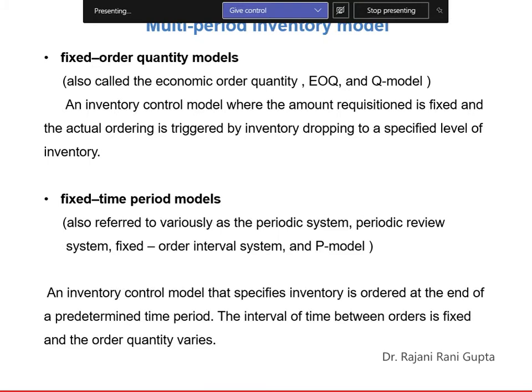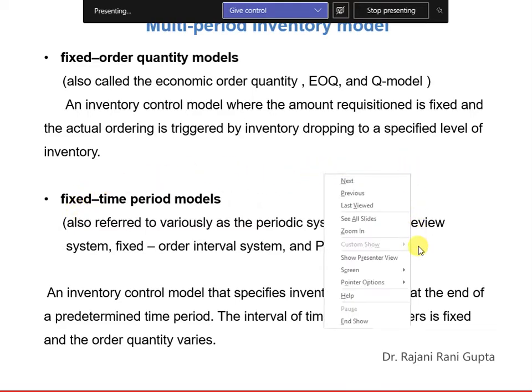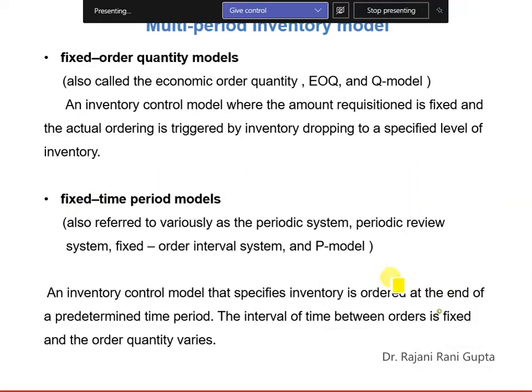Whereas an inventory control model that specifies inventory is ordered at the end of a predetermined time period is called the fixed time period model. So here the quantity is fixed, whereas in the fixed time period model the time period is already predetermined.